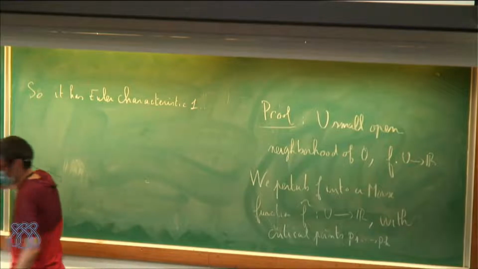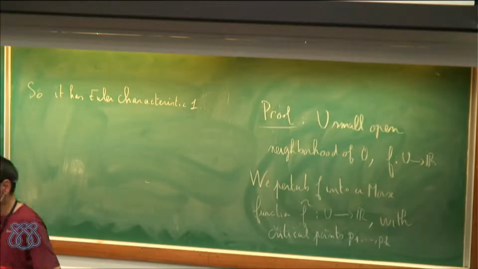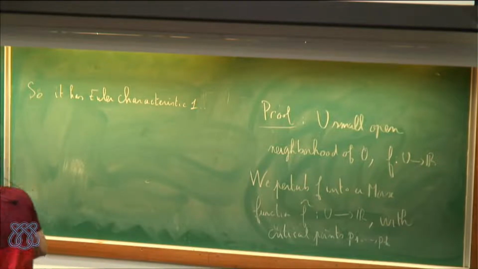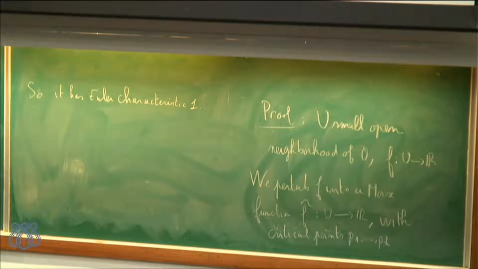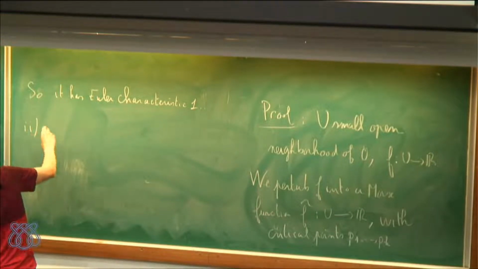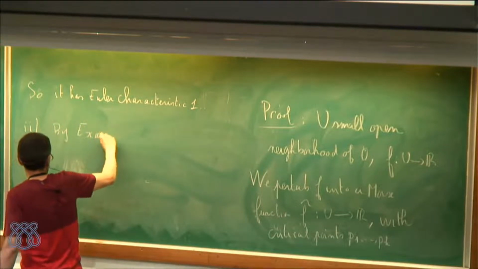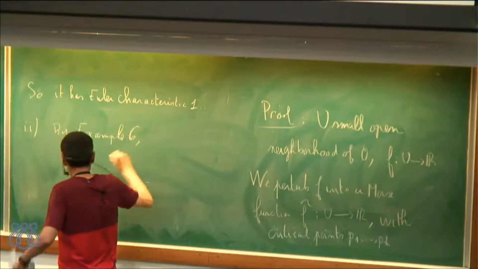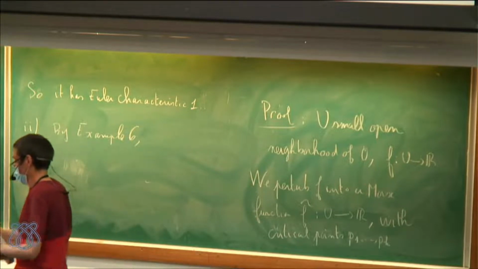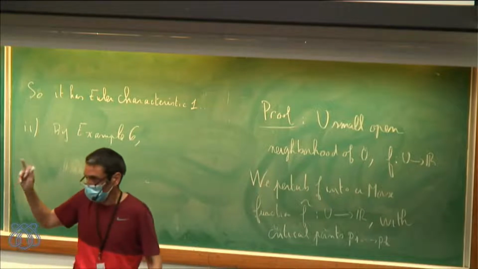This is an application of example 6 I gave. You know how to compute the degree of a mapping defined on a hypersurface. So this is by example 6. This sum is just the degree of the normalized gradient of f tilde.